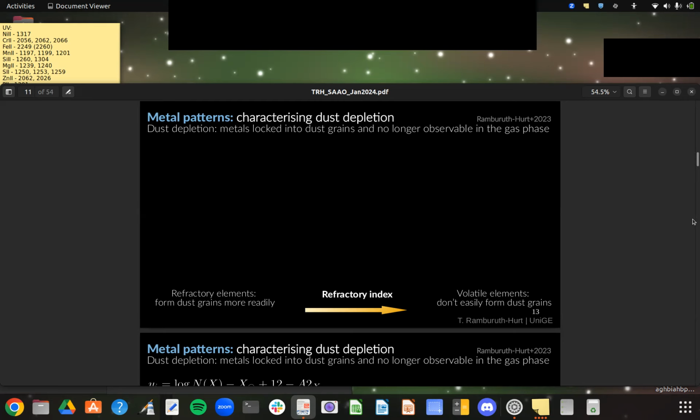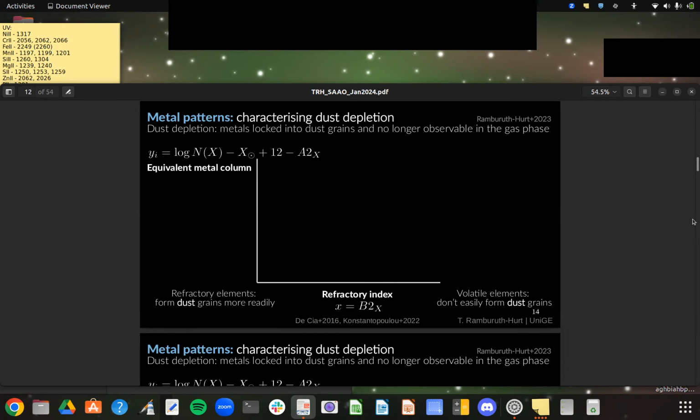So the more refractory elements form dust quite easily, whereas the volatile elements stay in the gas phase for a bit longer. And so we can plot the refractory index against the equivalent metal column density described by this equation. The only important thing about that equation is that it doesn't include the hydrogen, as I said before. So for individual components, we don't have the hydrogen.